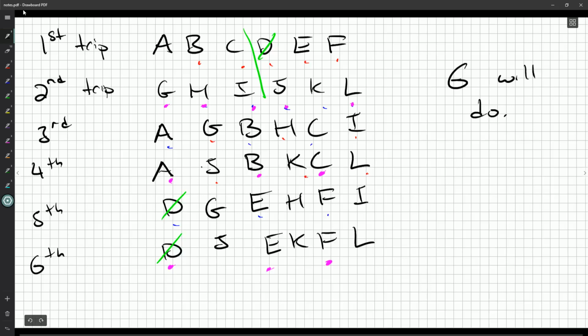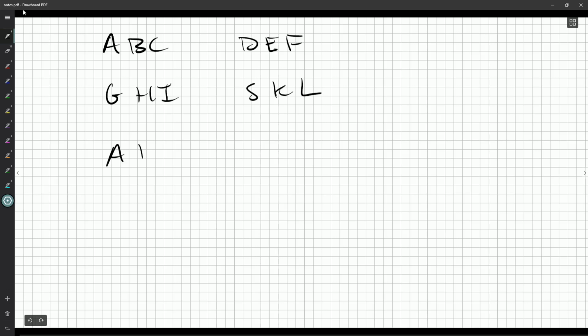Is there a nicer way to write this out? Yeah, I think there is, but you could probably just have A, B, C, D, E, F, and these students are just going to all be with each other. G, H, I, J, K, L, and then A, B, C again, D, E, F, D, E, F again.